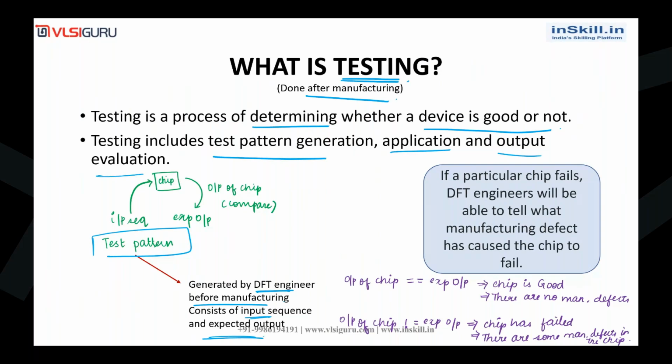They consist of the input sequence and the expected output. The input sequence will be applied onto the chip, and then the output of the chip will be compared with the expected output.